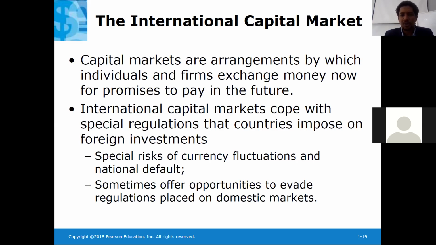Also, as I've said, there are futures markets where you agree on an amount of exchange rate or interest rate that you're planning to pay in the future.